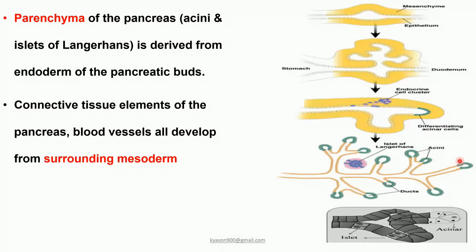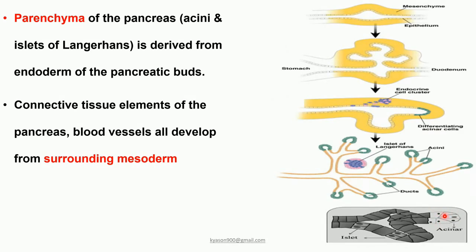These are the cells that will form these round structures that we call the acini. These acini will help in production of different contents of pancreatic juice, formed by these simple cuboidal cells lining your ducts.